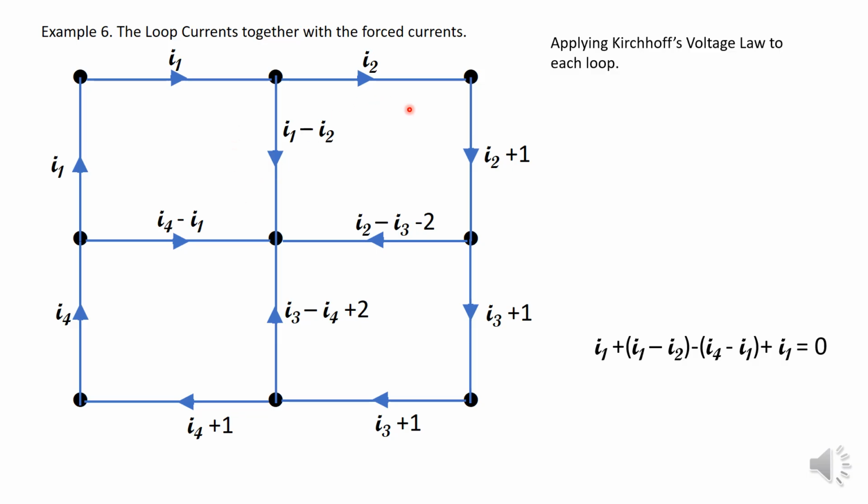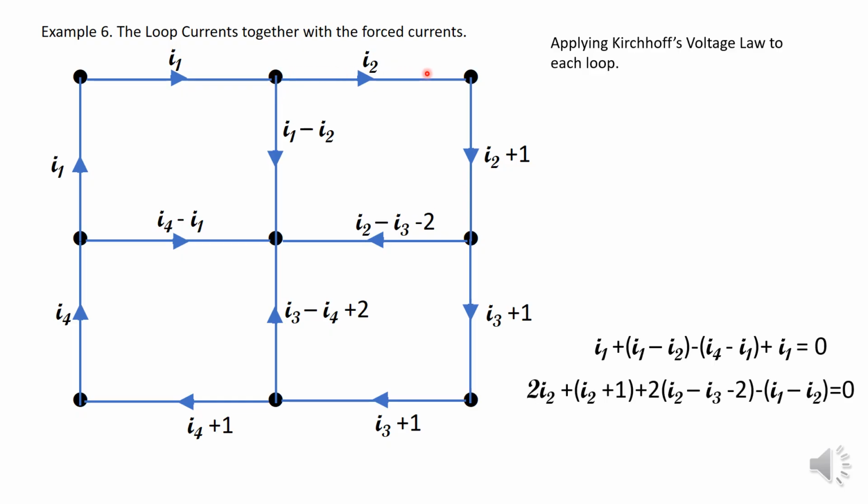And then we'll go to the loop represented by I2 and look at the fall of voltages around this loop. Remember, the resistance here and the resistance here will be 2. The resistance here and the resistance here will be 1. So let's look at the drop here.